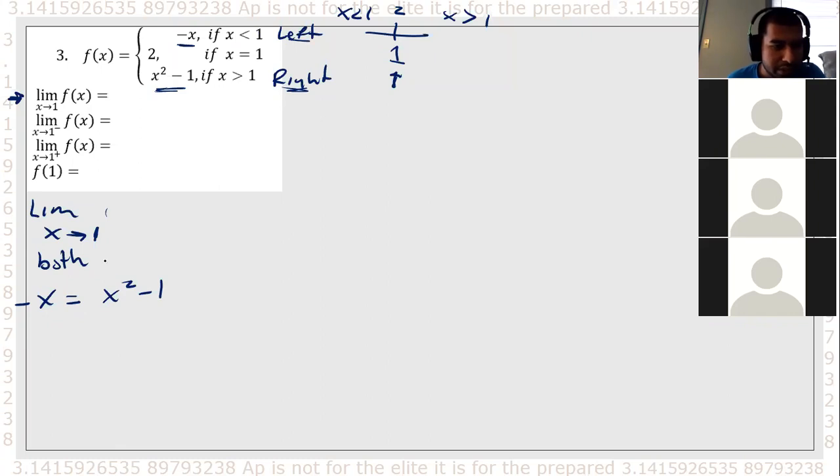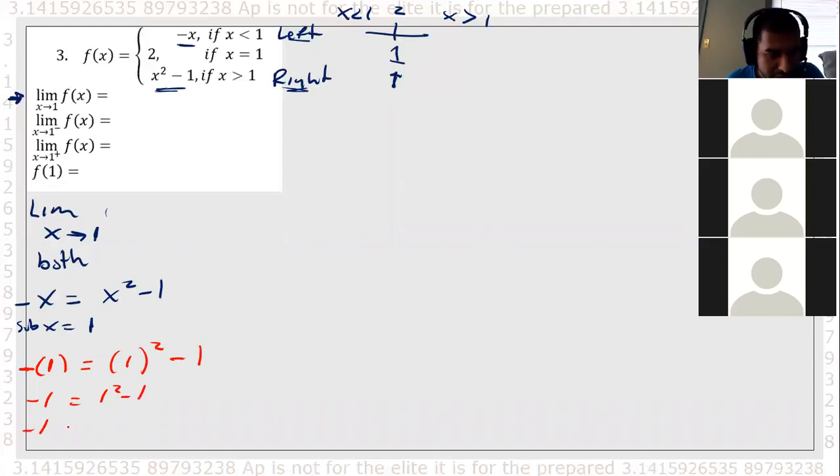All I have to do is substitute the value x equals 1. So negative whatever x is, which in this case is 1, is equal to 1 squared minus 1. So I got negative 1 equals 1 squared minus 1. So negative 1 equals 0. When the left does not equal the right, we should know that this does not exist.